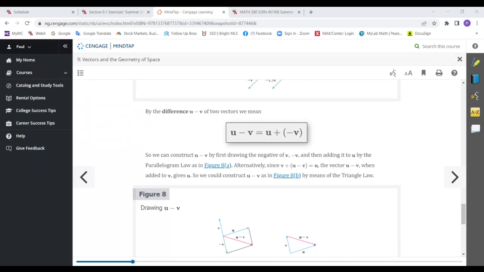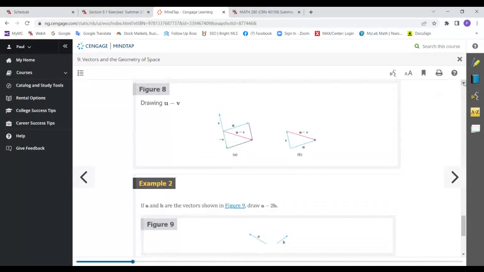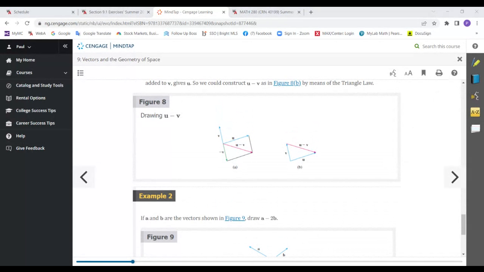Geometrically, to see how you subtract two vectors, u minus v, in figure 8 on the left, they draw a vector v, and then the vector -v, and u plus -v gives u minus v. The geometry is kind of nice to have. Are there any questions so far?